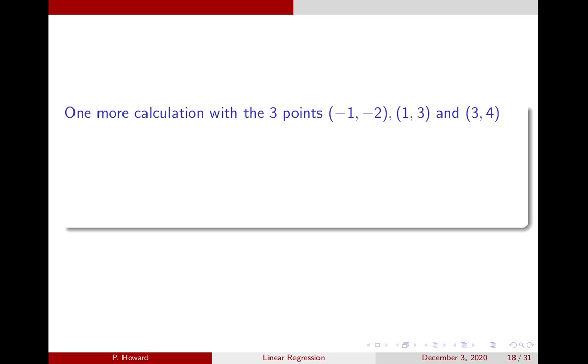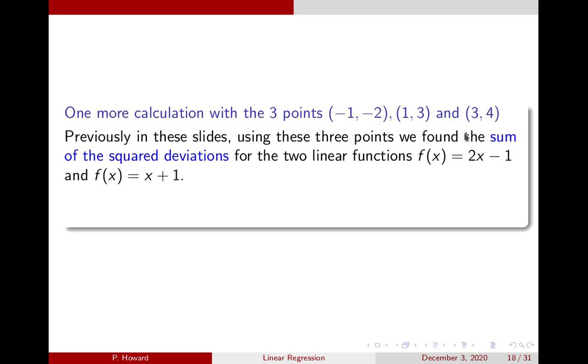Okay, I want to do one more calculation with the 3 points minus 1, minus 2, 1, 3, and 3, 4. So previously on these slides, not our last example, but in the two examples before, we used these 3 points and found the sum of the squared deviations for the two linear functions f of x equals 2x minus 1 and f of x equals x plus 1.